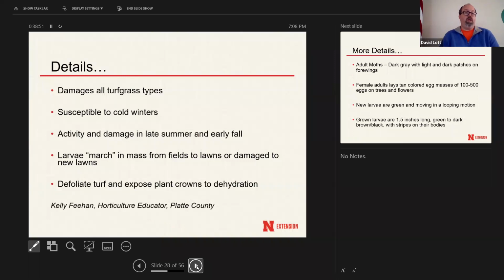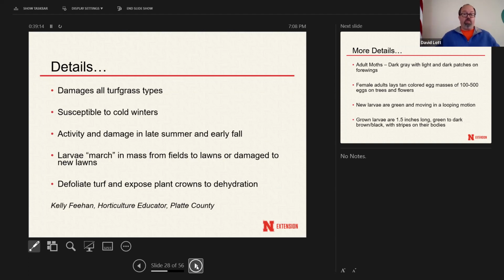But here we go. Armyworms damage all of the types of turfgrass that we would have in our lawns. They are susceptible to cold winters, so they die off, thankfully. They have activity in late summer and early fall, and usually they're going to march, so it seems like you have a little army of larvae marching across your lawn.